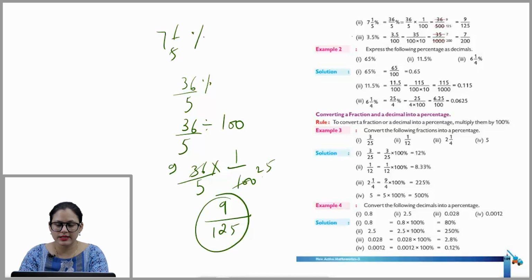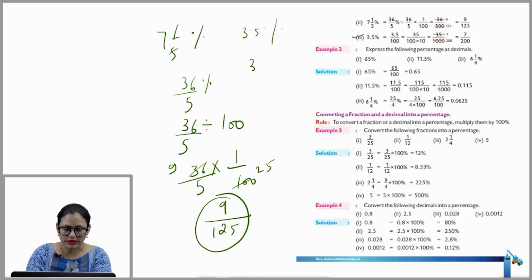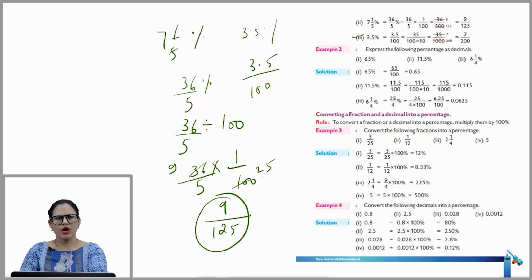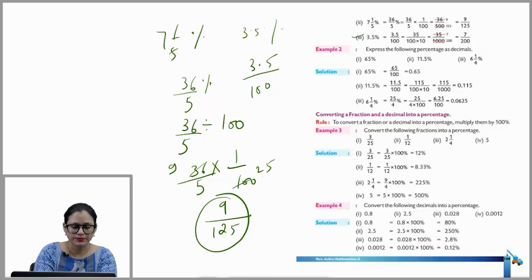Similarly, this is in decimal. So how will we convert it into fraction? First, 3.5 by 100. Now there is a decimal, so we have to remove this decimal. So how are we going to remove this decimal? Have a look.